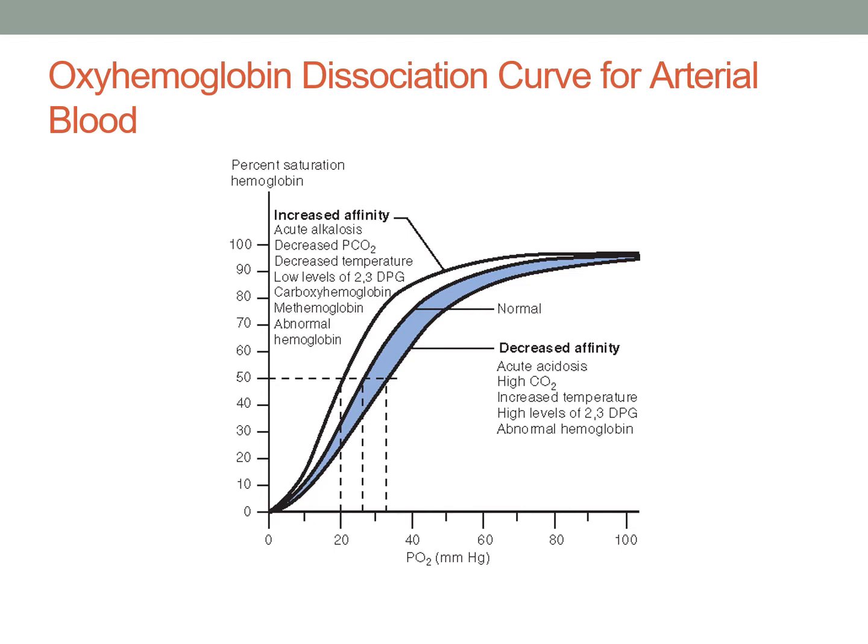Pretty much everything is decreased: decreased temp, lower levels of 2,3-DPG, carboxyhemoglobin, methemoglobin, and abnormal hemoglobin. Those have increased affinity for the hemoglobin, so those could make the saturation reading artificially high.